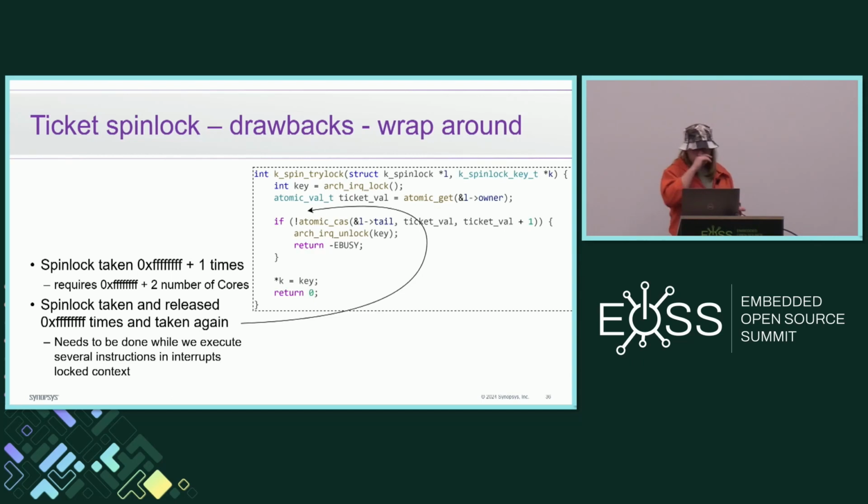For example, we may try to call a lock function a huge number of times, with almost uint32 max value plus something. But as the lock function is blocking, it would require us to have this huge number of cores in the system. So obviously it's not the case, especially in case of Zephyr.